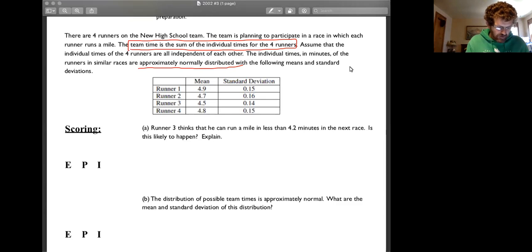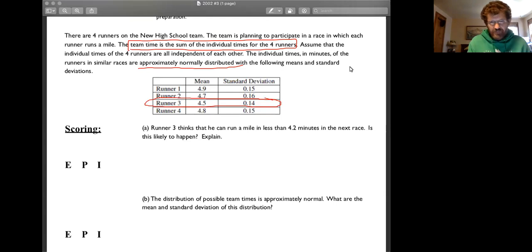Okay. So runner 3, now we've got this scenario down. Runner 3 thinks he can run a mile in less than 4.2 minutes in the next race. Is this likely to happen? Knowing that these are normally distributed race times, we are going to consider this a normal model.